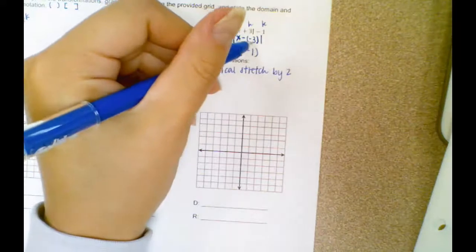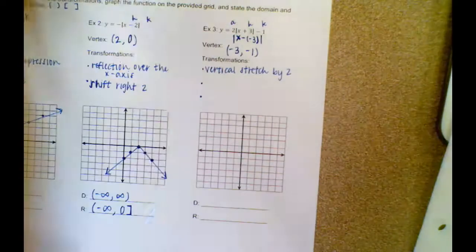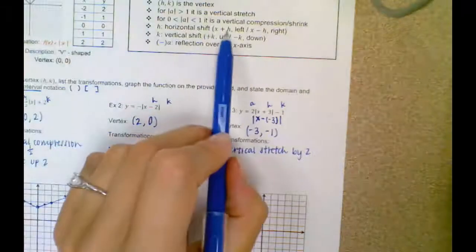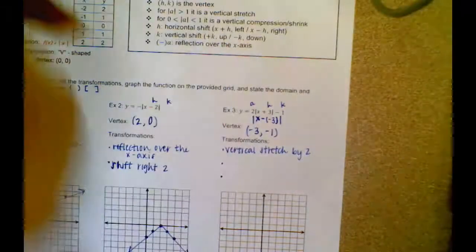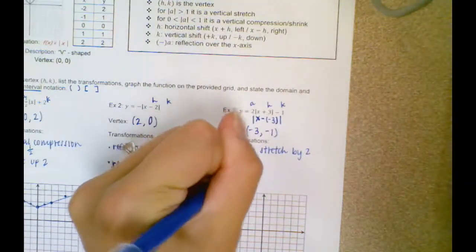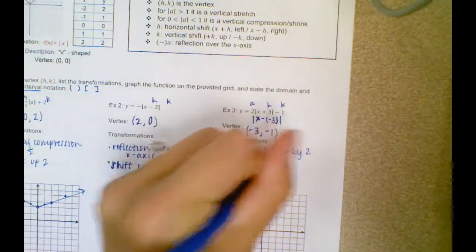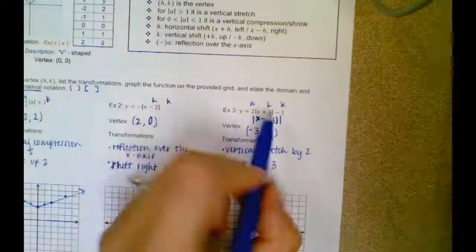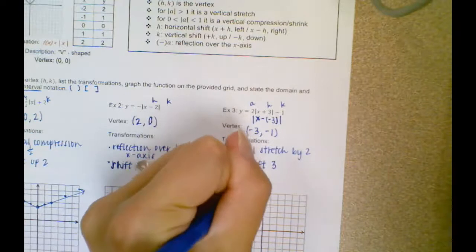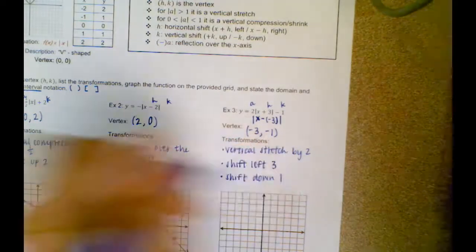Because the H value is a negative number, we're actually moving to the left. So kind of with my chart up here, that's why I put x plus h, you're actually moving to the left. And it's because, again, like I said, the H value is negative. So shift left 3. And then the K value, shift down 1 because it's negative.